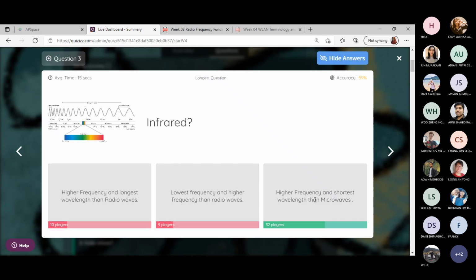We cannot say it's higher than radio wave. It's actually lower. Infrared is lower. We cannot say it's longer than radio wave because infrared can only travel a shorter distance. It's within a personal area network, right? So that's why the most accurate answer is here.